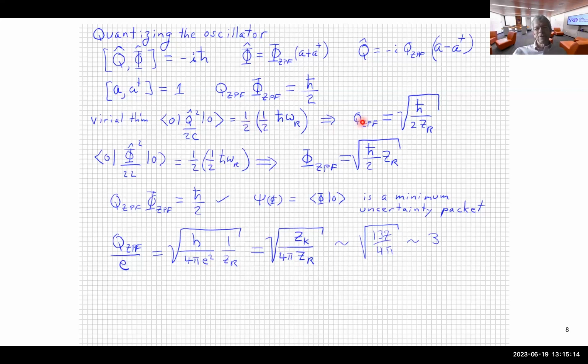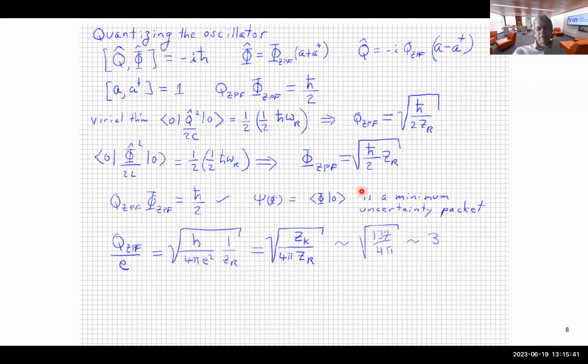That tells you that the uncertainty in the charge on the capacitor is this quantity, inversely proportional to the characteristic impedance of the resonator, and that the uncertainty in the position, the flux, is proportional to the square root of the characteristic impedance.